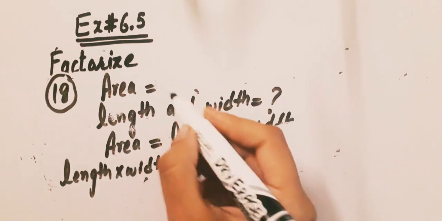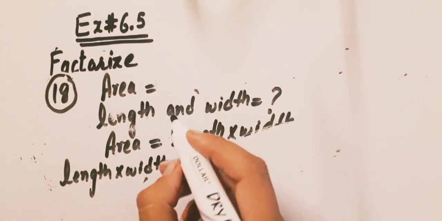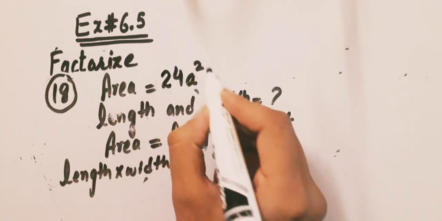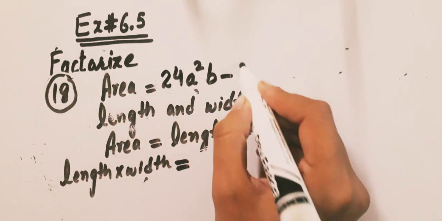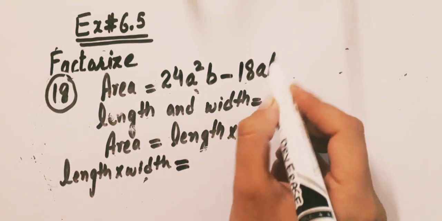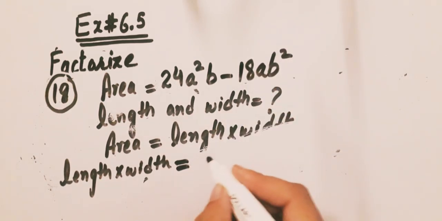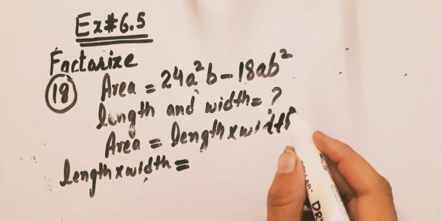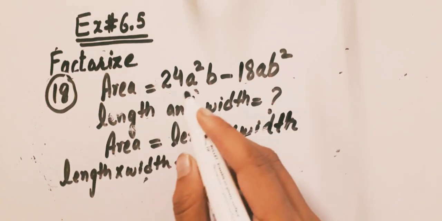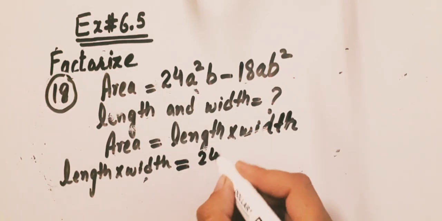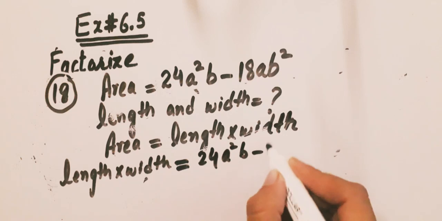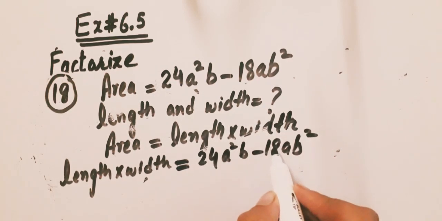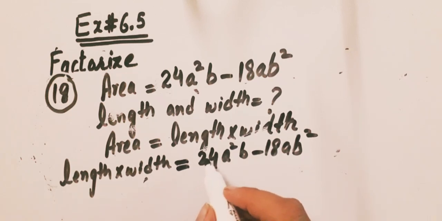Question number 18 is same as question 17, just area is 24 a square b minus 18 ab square. Now area is equal to length into width. Length into width you have to find out. So you will write 24 a square b minus 18 ab square. 24 and 18, you will take 6 as common.